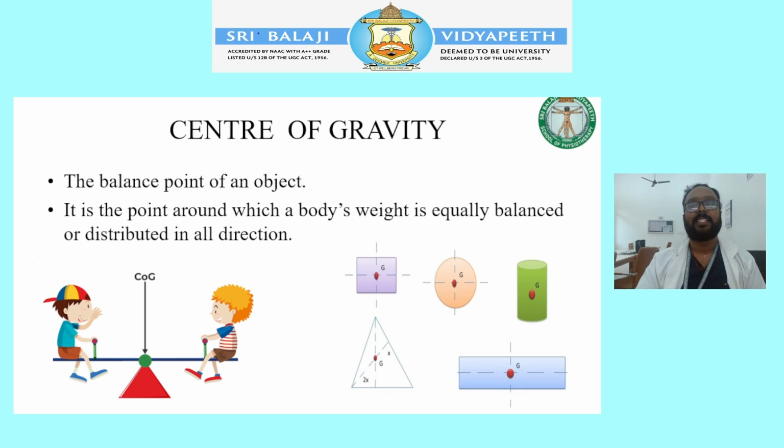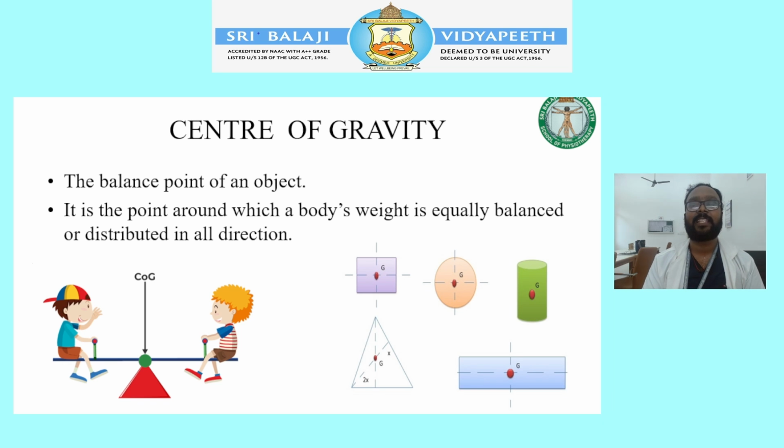Center of gravity. Center of gravity is an imaginary balancing point where the body weight can be assumed to be concentrated and equally distributed. It is usually symbolized as COG. It is a point exactly at the center around which the body mass rotates freely in all directions. It is also called the center of mass.